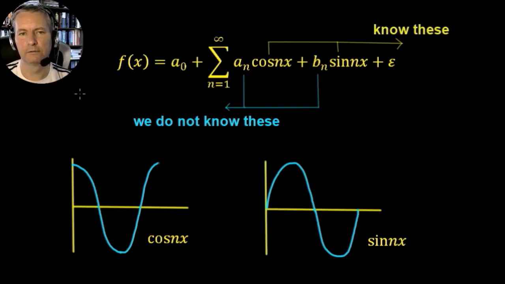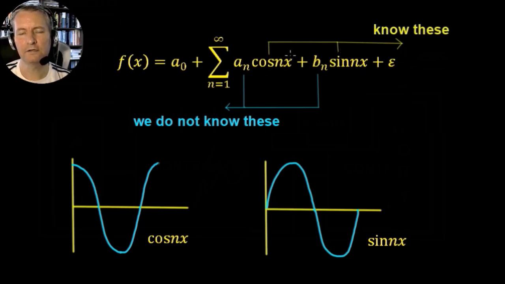Now this is very similar to the Taylor series. All we're doing is approximating a function f of x using a summation of basis functions. In this case our basis functions aren't the polynomial functions like the Taylor series. The basis functions are the trigonometric functions, the cosine and the sine.